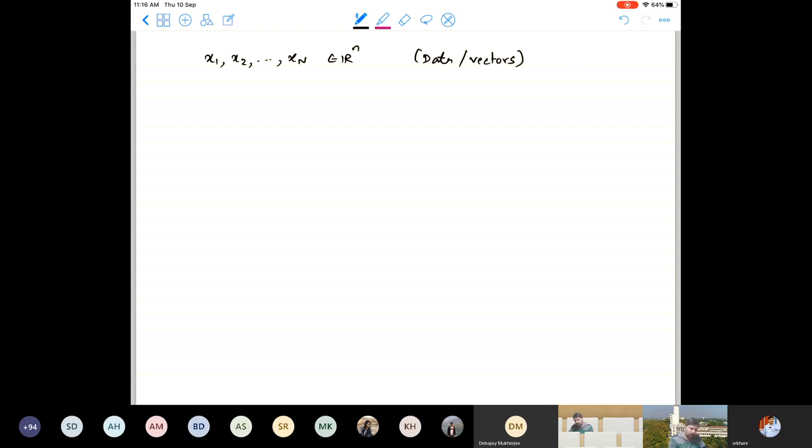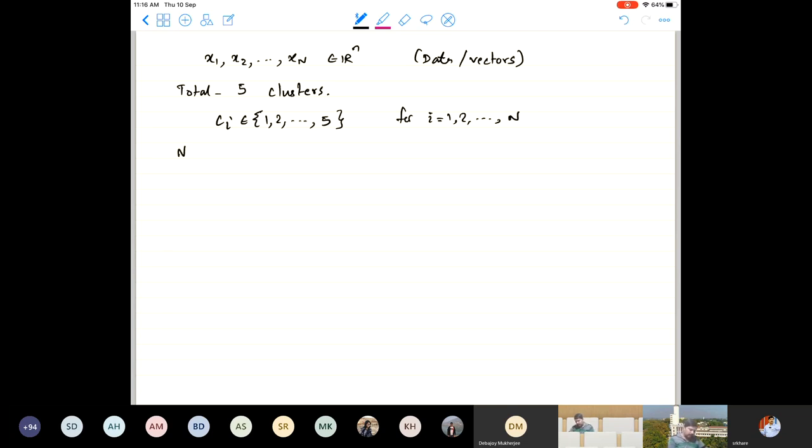Suppose there are a total of 5 clusters. Then what are these ci? ci can take any value from 1 up to 5, for any i equal to 1 up to N. It will tell us the cluster assignments. So this vector c is helping me with cluster assignments.